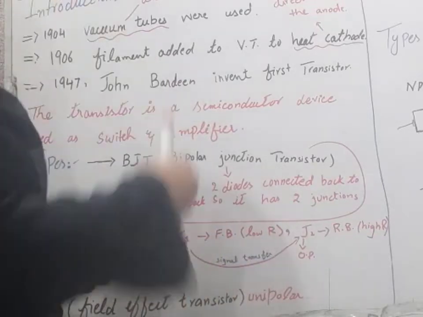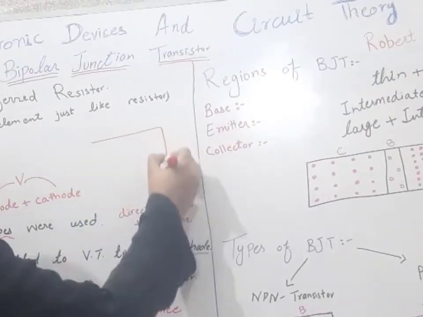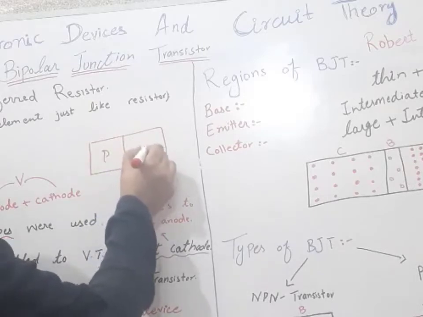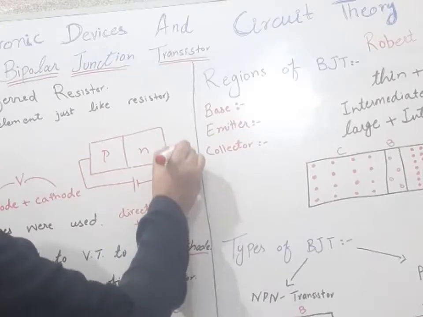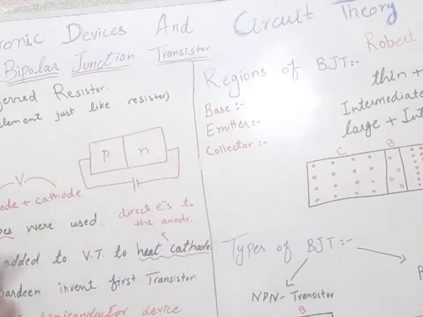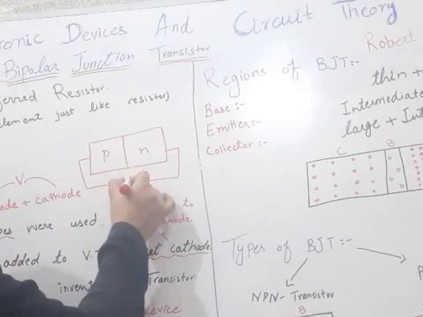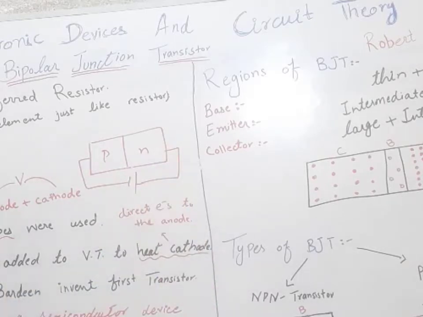What is forward biased? When we have a diode, here is p-type, here is n-type. When p-type is connected to the positive terminal of battery, then we will call it forward biased. And when p-type is connected to the negative terminal of battery, and n-type is connected to the positive terminal of battery, then we will call it reverse biased.